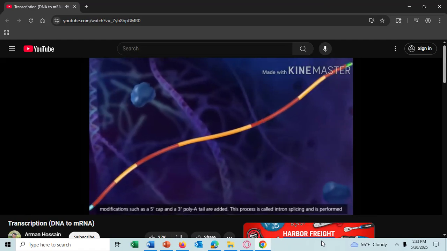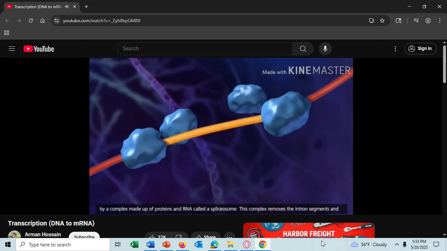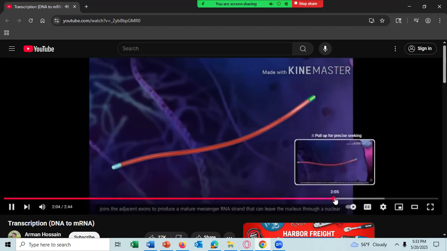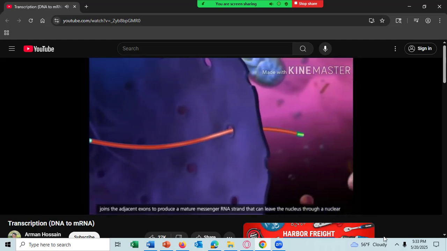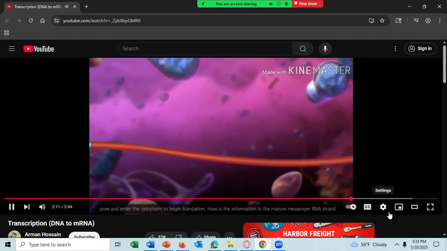This process is called intron splicing and is performed by a complex made up of proteins and RNA called a spliceosome. This RNA strand can then leave the nucleus through a nuclear pore and enter the cytoplasm to begin translation.